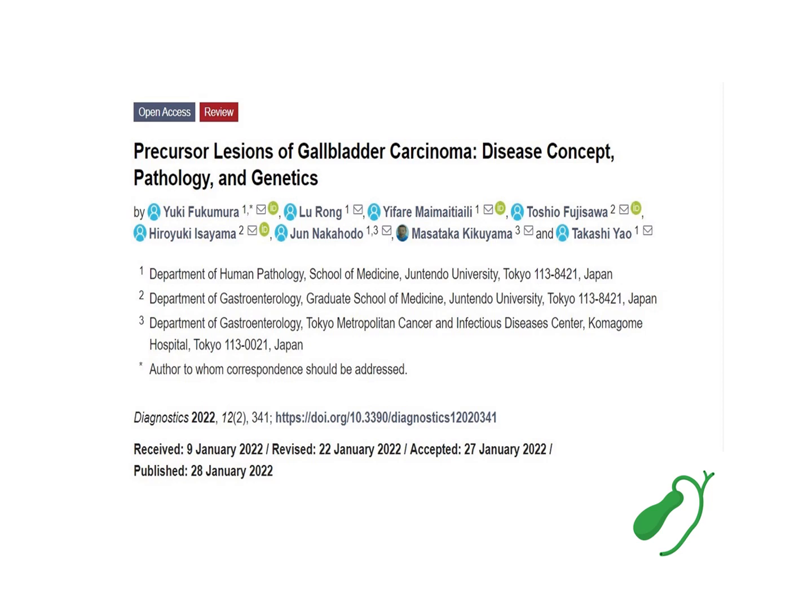Let's take a look at the review of this article entitled Precursor Lesion of Gallbladder Carcinoma: Disease Concept, Pathology, and Genetics. So, as in most epithelial cancers, the development of gallbladder adenocarcinoma is preceded by a variety of precancerous changes.